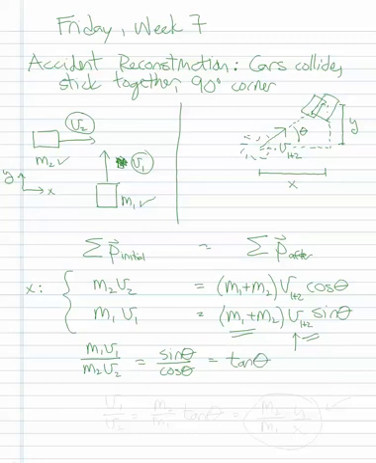So to find their relative velocities, v1 over v2 is equal to m2 over m1, which the officers can look up, times tangent of theta. So what the officers actually know is m2 over m1 and tangent of theta, so SOHCAHTOA, opposite over adjacent. And that's it.